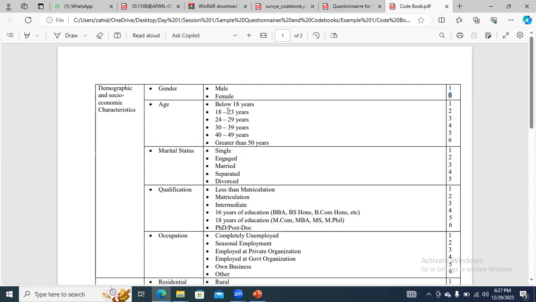In the same way, you can categorize age, because different people belong to different age categories. If a person is, for example, 21 years old, he will select this age category, and what does this age category mean? This means two. In the same way, you can categorize marital status, qualification, and occupation as per your convenience.